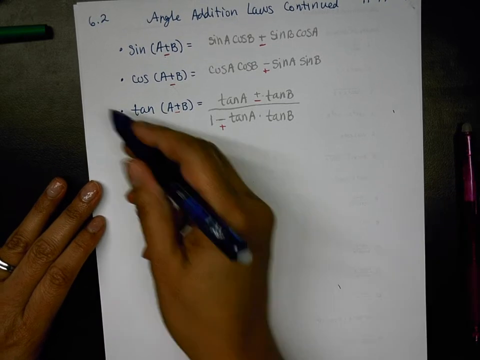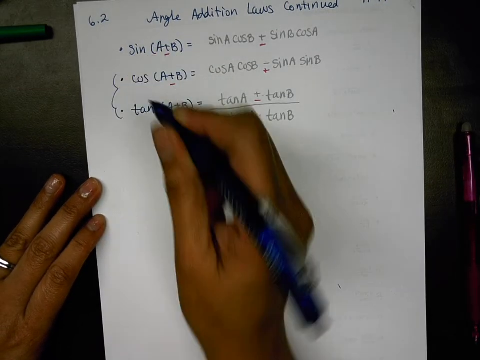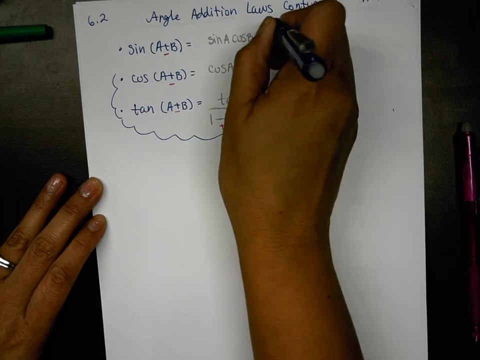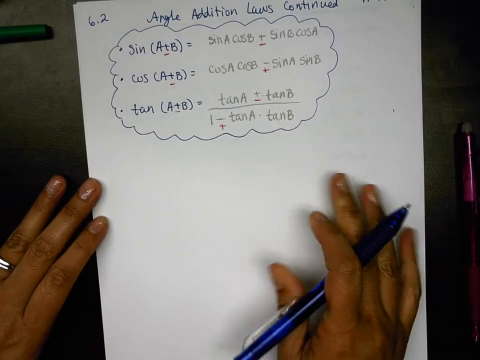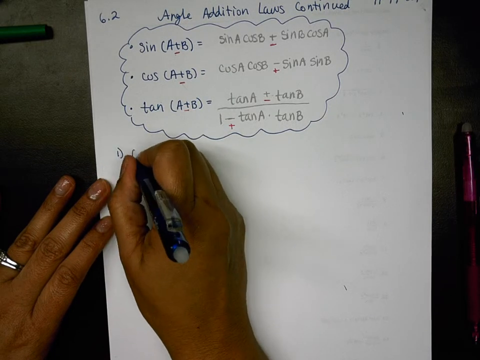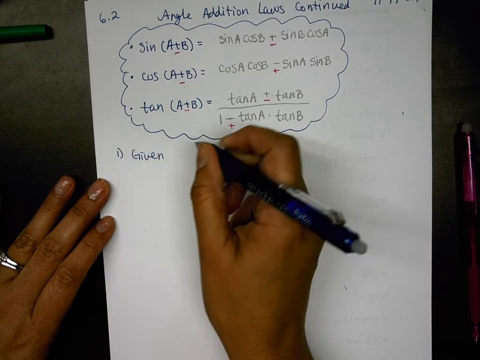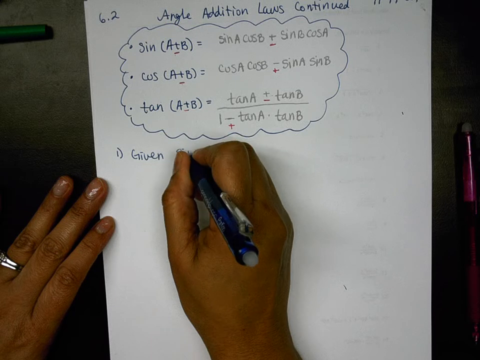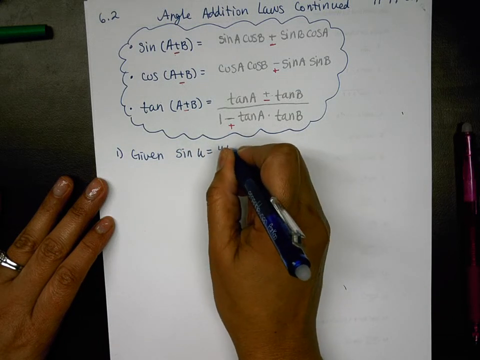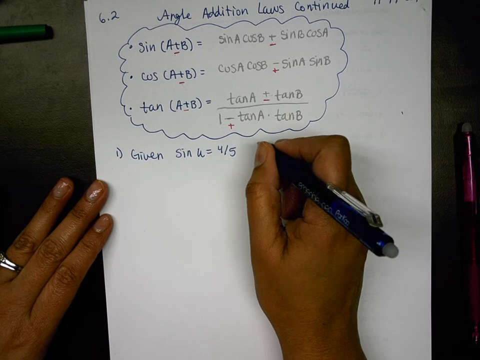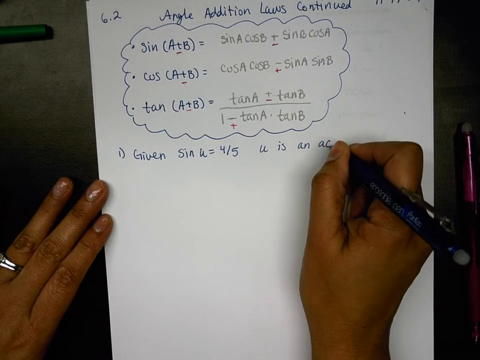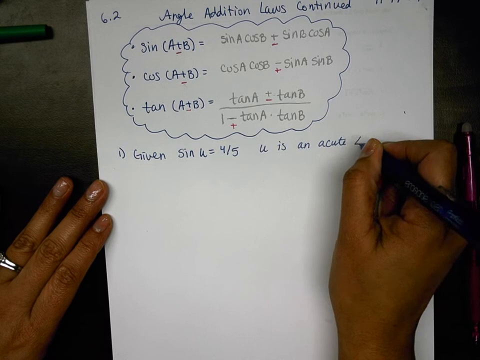Number 1. Oh, I'm going to bubble this in. Okay. Number 1 is given sine of u equals 4/5 and u is an acute angle.